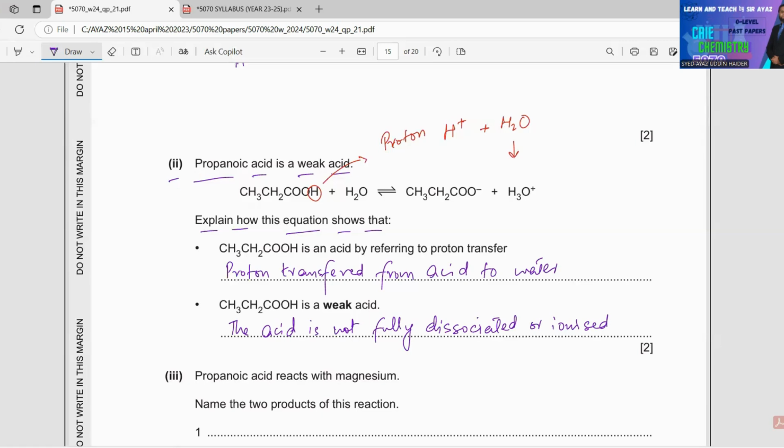The reversible sign indicates that this reaction is not complete, or the reaction does not go to completion.